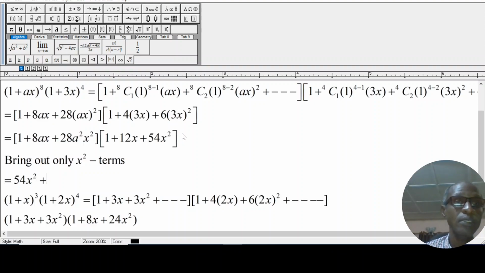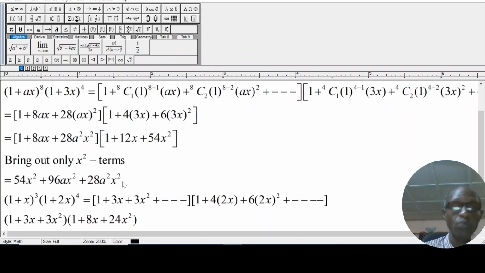Then 8ax times this will give us 96ax squared. Then 28a squared x squared, that was 28a squared, times 1 on this place will give us this. So we are almost through now.